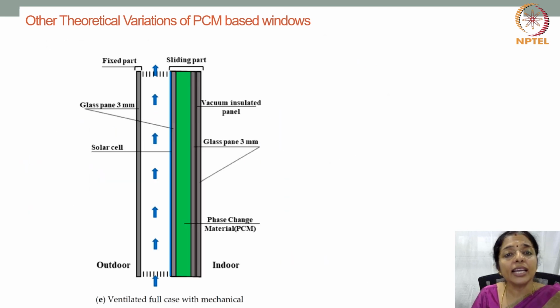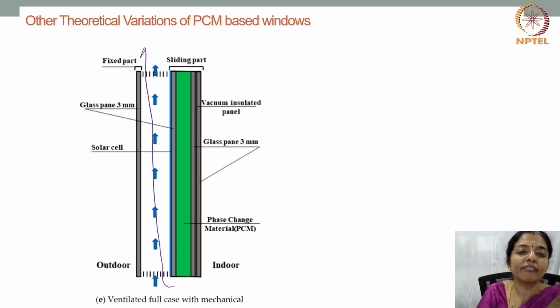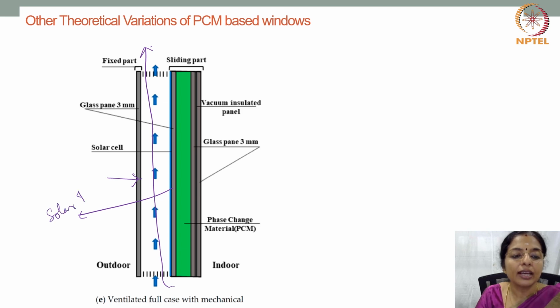And the other theoretical variation is this, where you have a system where instead of the air gap, you are permitting ventilation through this. So you have a glass pane and then you have the solar film, and to prevent overheating of this air gap, you are kind of allowing ventilation through this place.